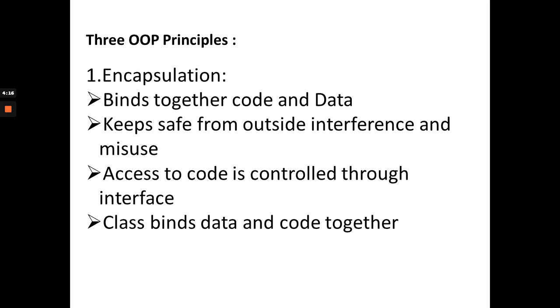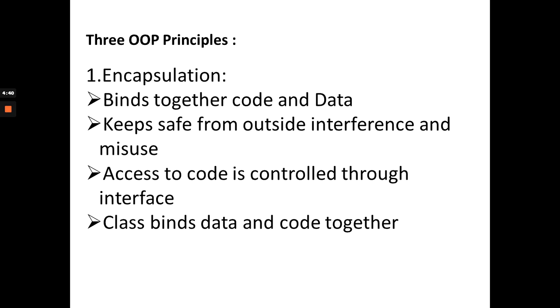If you have to access any variable or any method inside the class, you have to create the class object. Without creating a class object, you cannot access the inside variables, so you cannot access the private data inside the class.